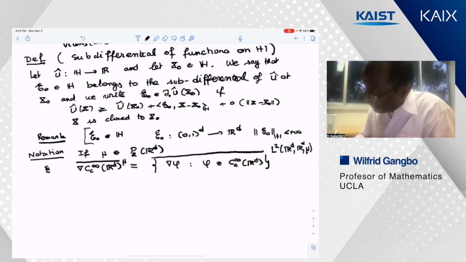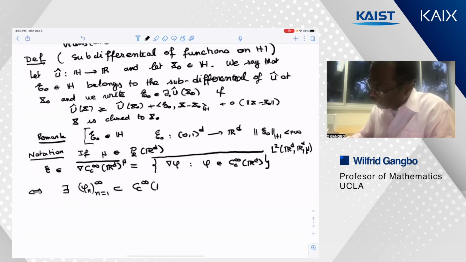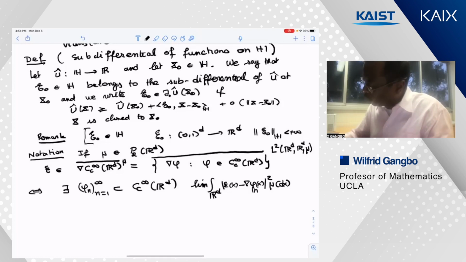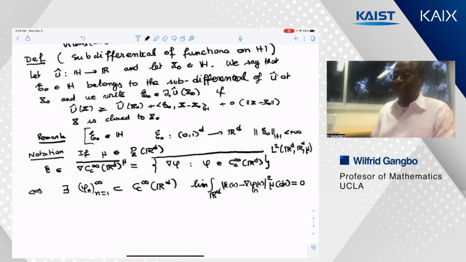So what I mean is that psi is in this set if and only if there exists a sequence phi n, n from 1 to infinity, of compactly supported functions of class C infinity, such that if I look at the integral over R^d of the squared norm of psi of x minus gradient phi n of x, integrated with respect to mu, and I compute the limit when n goes to infinity, I get 0.